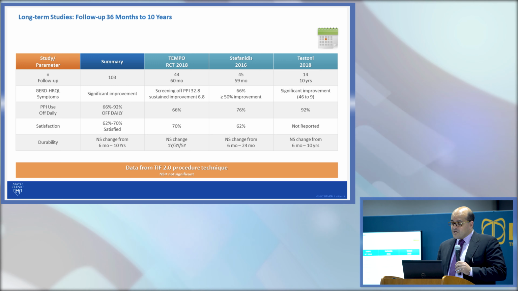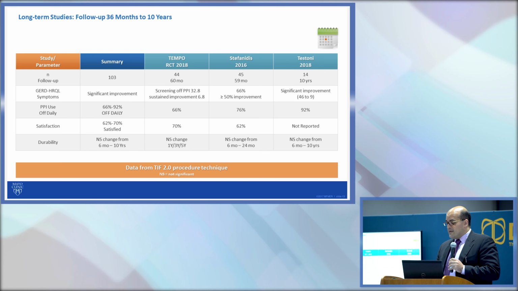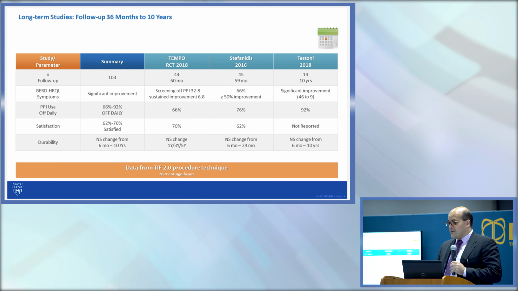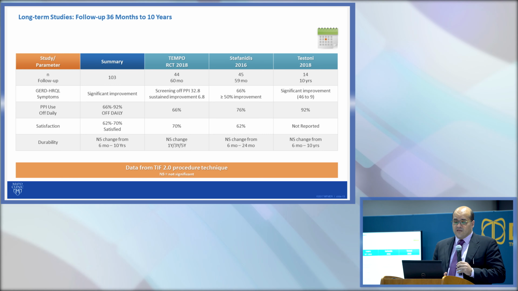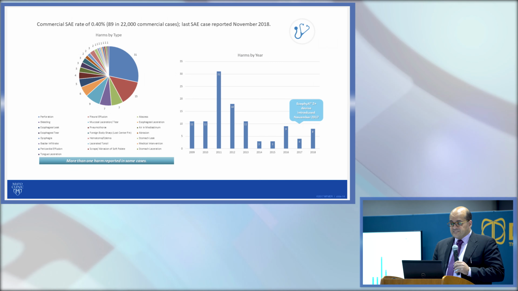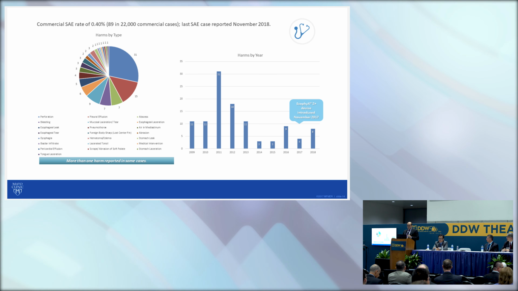And in general, the rates of PPI discontinuation continue to be in the neighborhood of 60 to 70%. Patient satisfaction continues to be high. So now we have data to show that the anatomical manipulation that we created with this procedure continues to be durable.